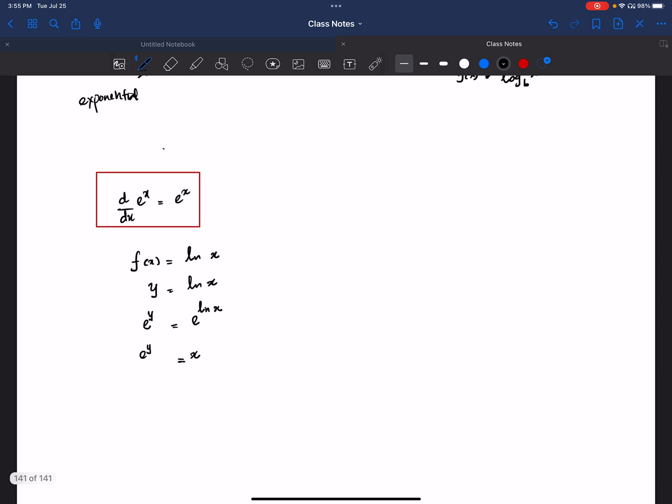Now we learned implicit derivatives. So by using this, I'm going to find dy over dx.